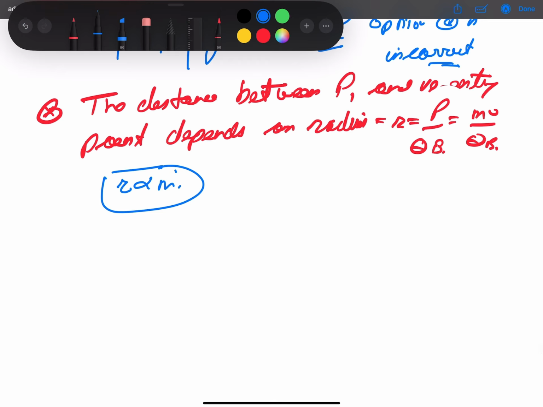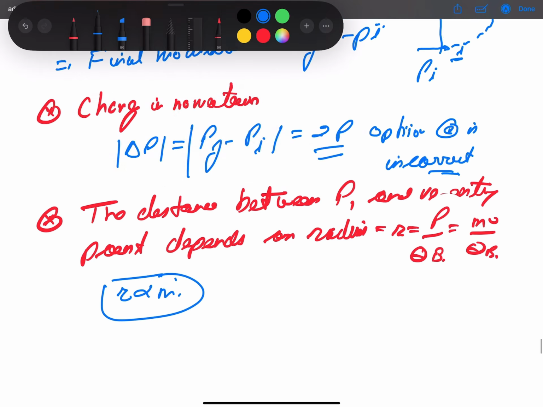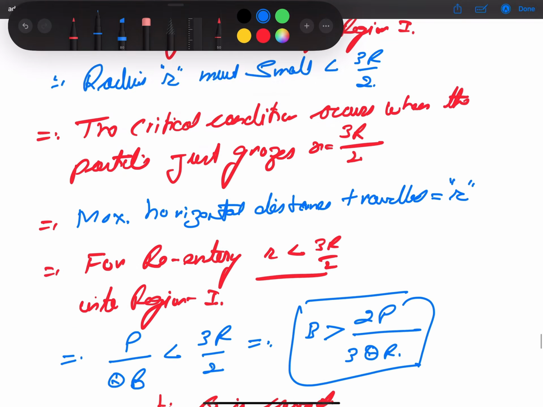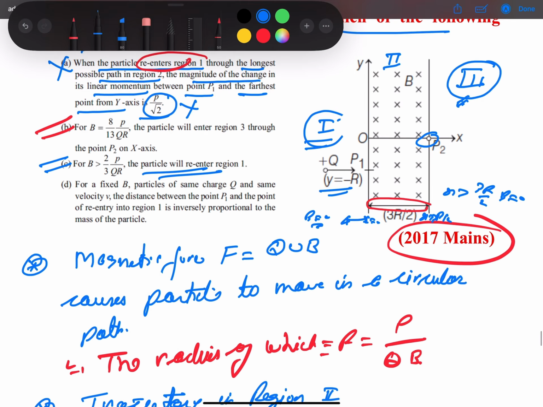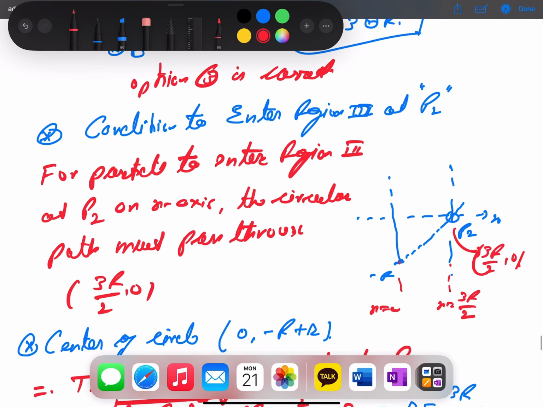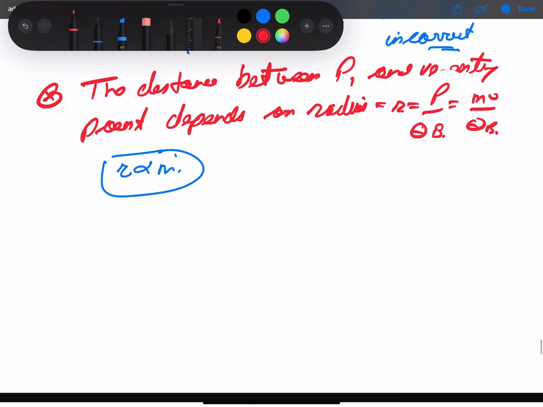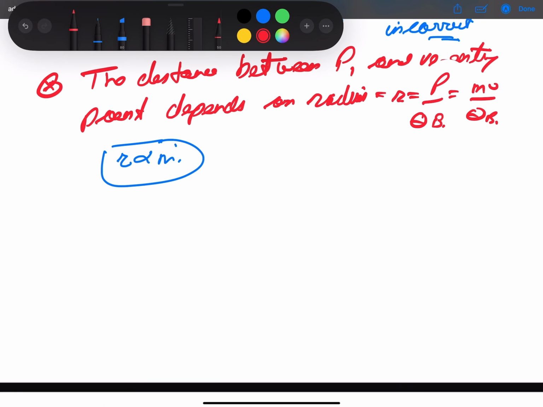So it is a direct relationship, and the option D mentions that it is inversely proportional to the mass of the particle. Okay, so this option is also incorrect. You can say option D is incorrect.